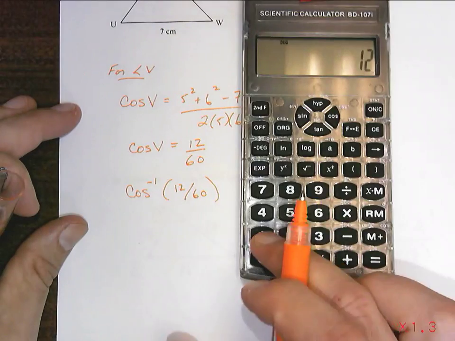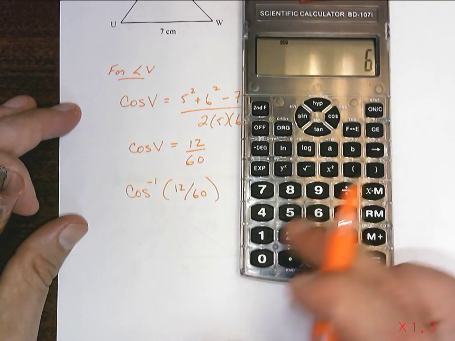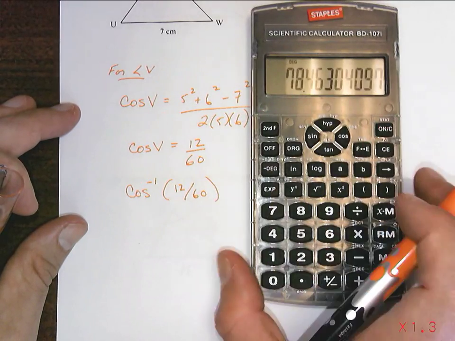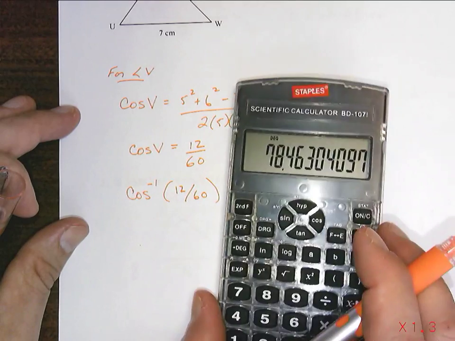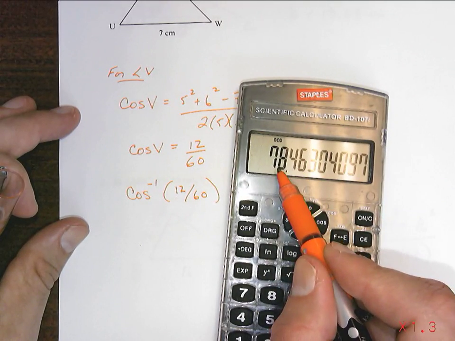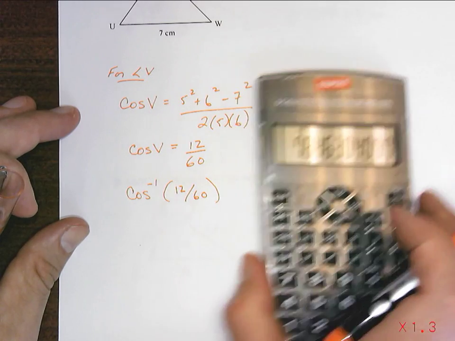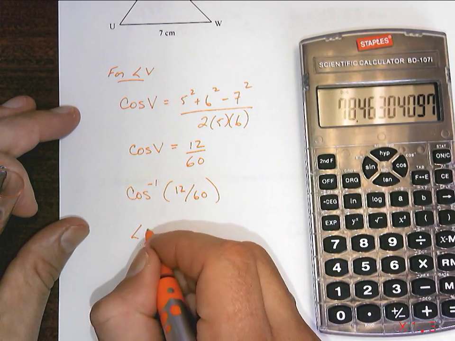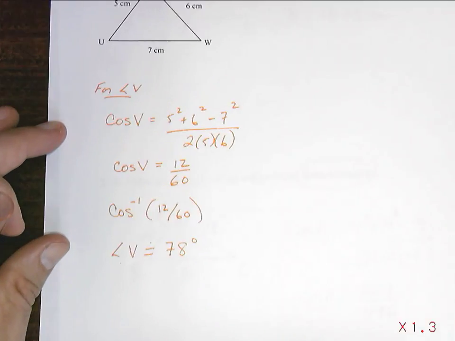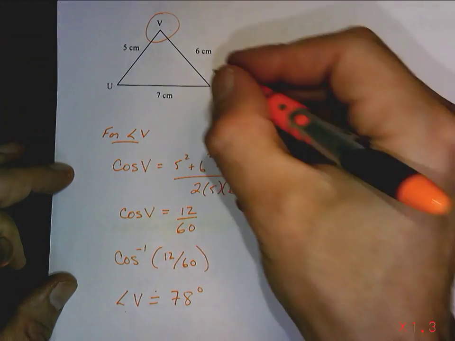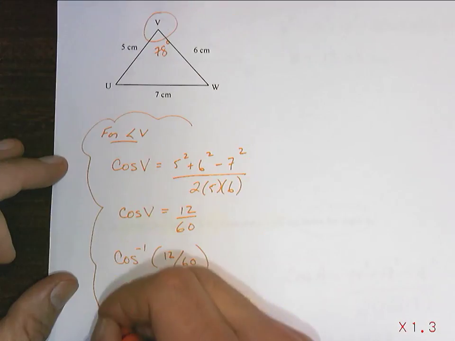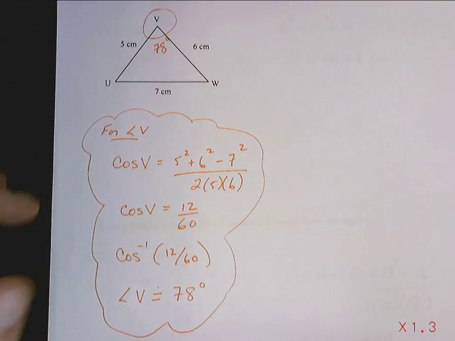The truth of the matter is it's 12 divided by 60. That equals 0.2. Second function cosine is approximately 78.5 degrees. Since I'm going to do full degrees, we'll make this just 78 degrees. So angle V equals approximately 78 degrees. And that gives us this value right there. Put a little bubble cloud around it so it stays nice and neat and out of the way.